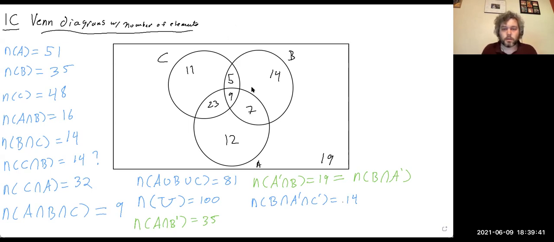Okay, switch colors. What about this one? A complement intersect B complement intersect C complement. What does that equal? They're all complements and all intersections.